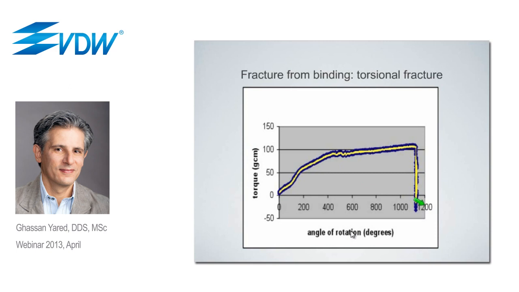And this instrument fractured after rotating almost 1,200 degrees, which is almost 3 complete turns. For each instrument, we can determine the torque at fracture and the angle of rotation at fracture.